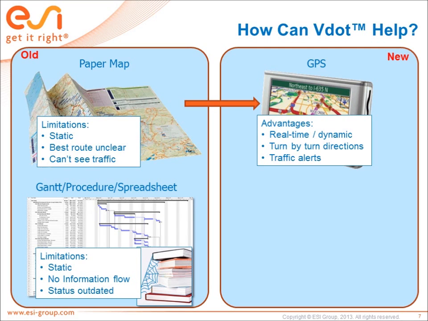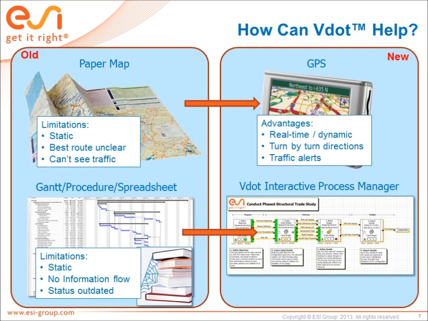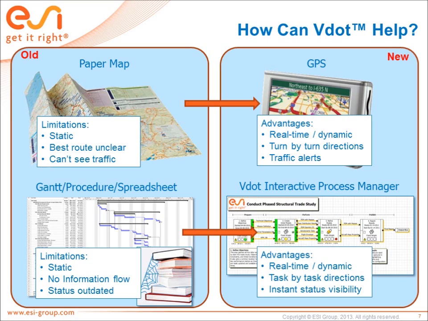It too is static, and it does not help you understand the information flow to ensure you are on the most efficient path. The preferred approach is to use Vdot as your interactive process management system, which, much like a GPS, will provide real-time, dynamic feedback, task-by-task directions, and instant visibility as to where you are and where you need to go.